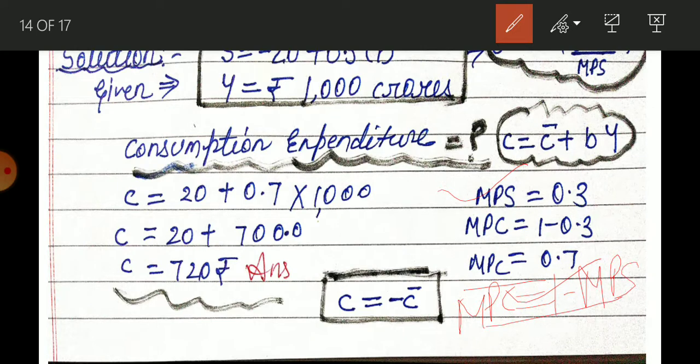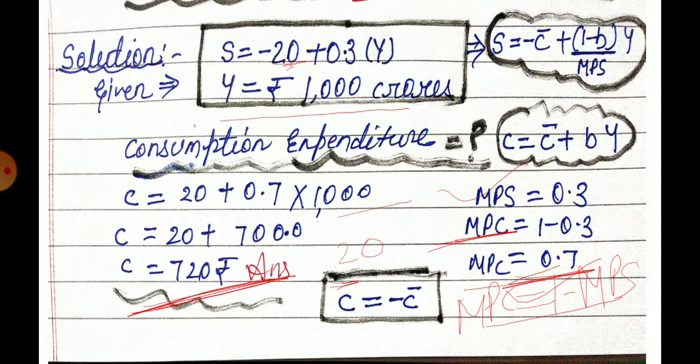Okay, one thing: minus C bar is the term that stands for the negative of C bar, and this is the equation for consumption expenditure. So minus C bar is -20, so C bar becomes 20. So 20, and MPS is given 0.3, so the value of MPC is what? 0.7, that we are going to write here. Income is given in the question, 1000. Now in this way we get the value of consumption, that is 720.